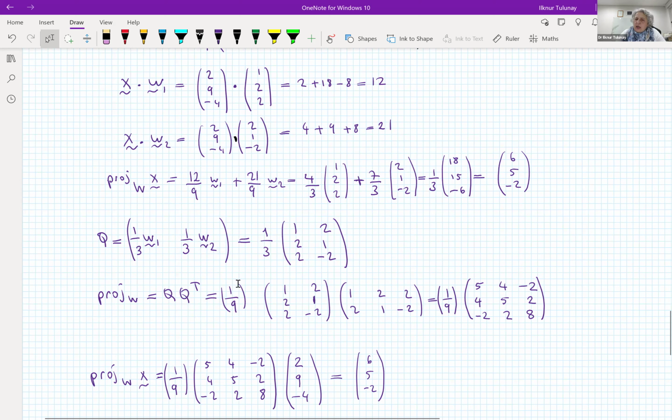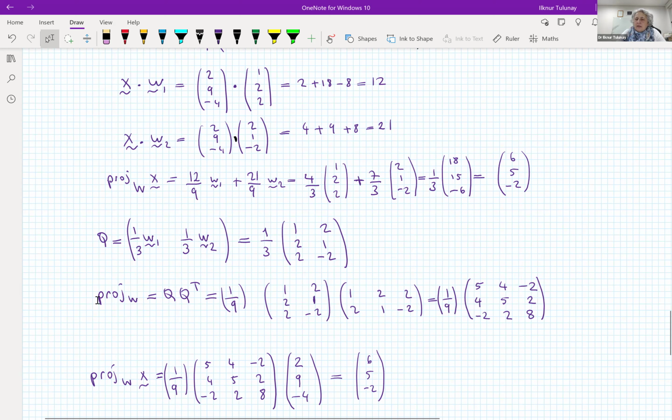So we have 1/9 in the beginning. That is Q, and the transpose of this will be, this row will be this column, and this column will be this row. And then we multiply these two matrices, we will have this matrix, and 1/9 stays there, of course. So we will have this matrix. This matrix corresponds to projection on W. We are thinking of this like an operation.